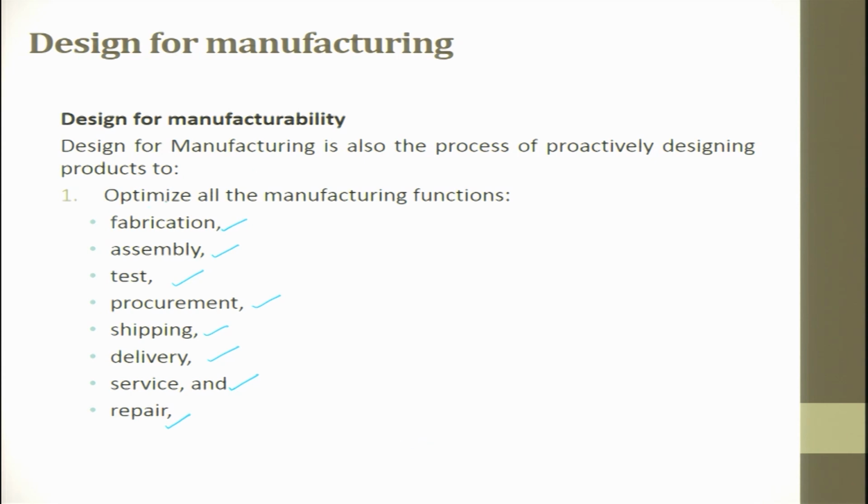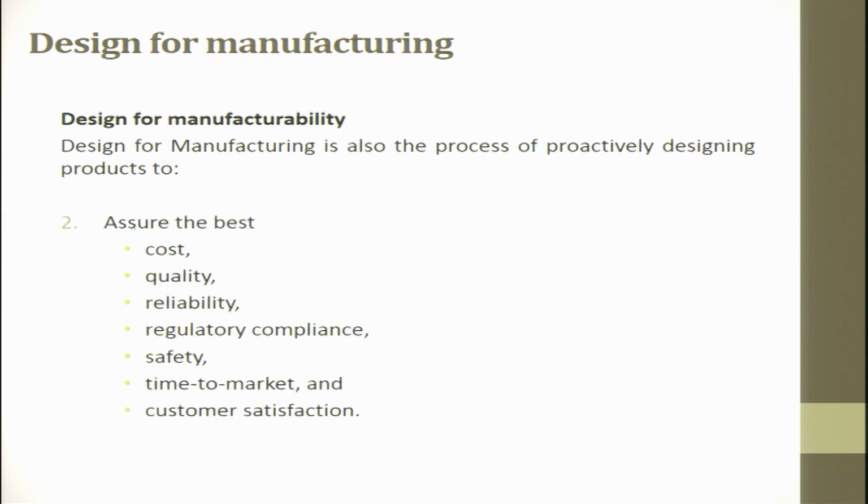Then it is going to assure the best in cost, quality, reliability, regulatory compliance, safety, time to market and customer satisfaction. The earlier list was the functions of manufacturing; now it is the outcomes to be assured.